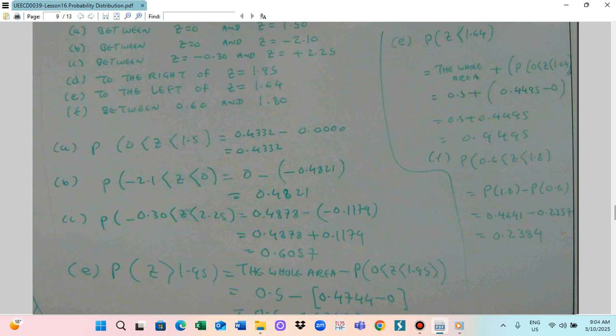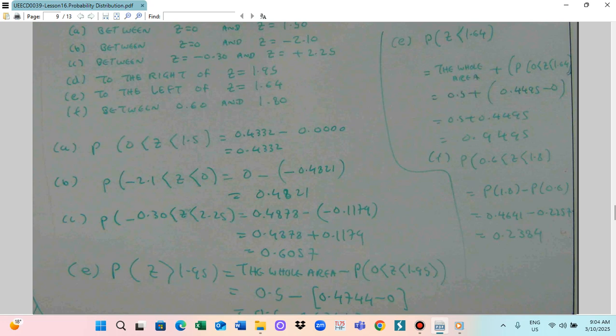So for the left, you have to use this equation: the whole area plus the probability between 0 and 1.64. Right means the whole area minus the probability between 0 and 1.95. Left means the whole area plus the probability between Z 0 and 1.64. The whole area is 0.5.